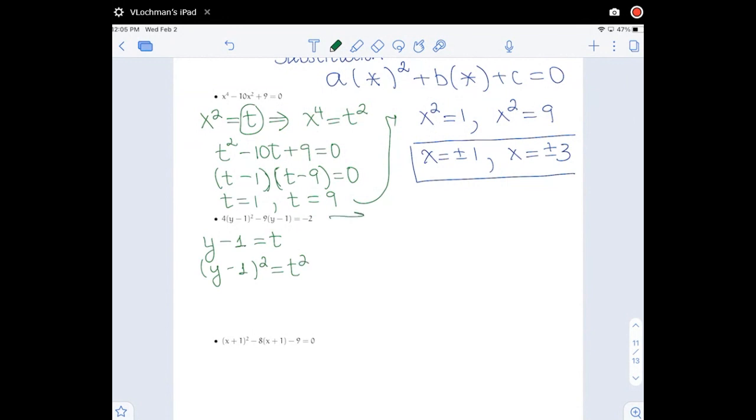So I'm going to rewrite my equation as 4t squared minus 9t plus 2 is equal to 0.